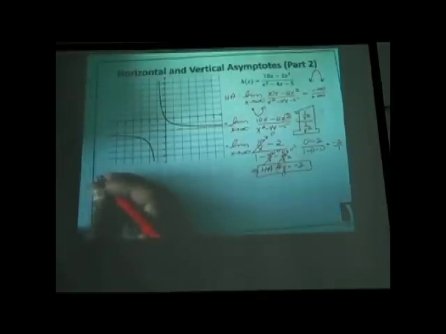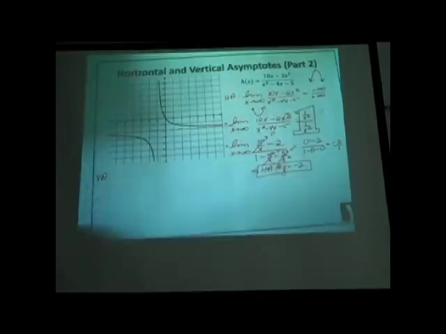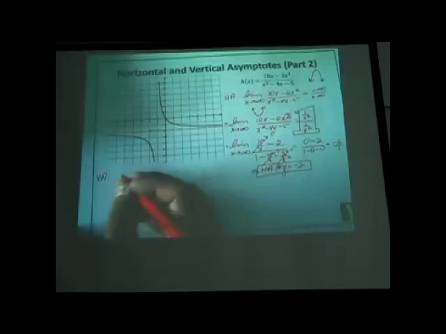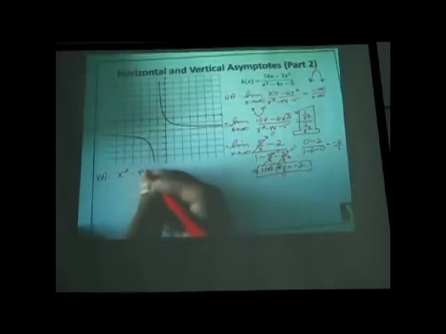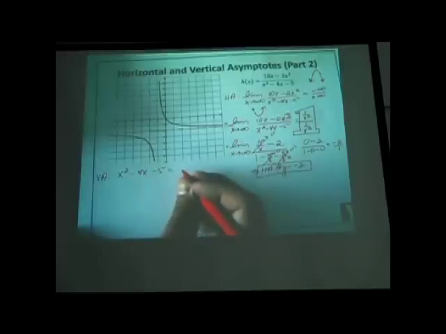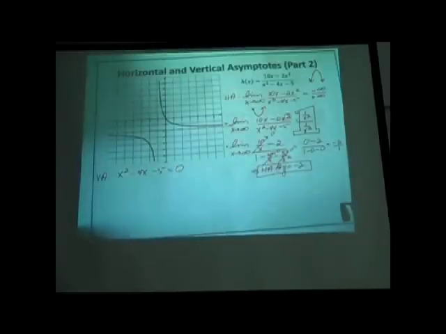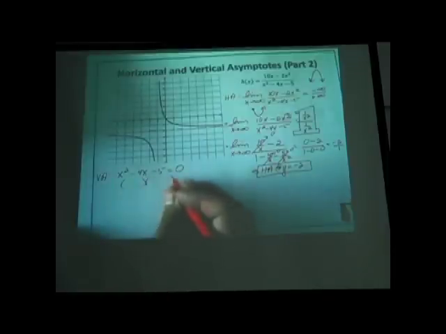Great. Let's talk about the vertical asymptote. What a lot of students learn in Algebra 2 and in pre-calculus is in order to find the vertical asymptote, you set the denominator equal to 0, x squared minus 4x minus 5 is equal to 0. We factor it. Use your mama diamond if you'd like to.